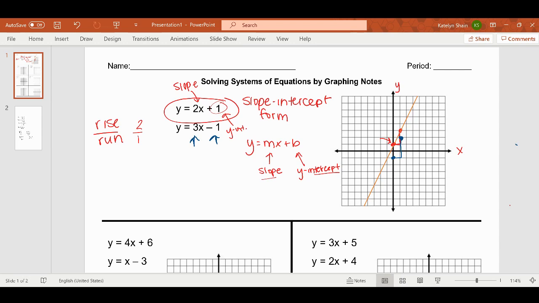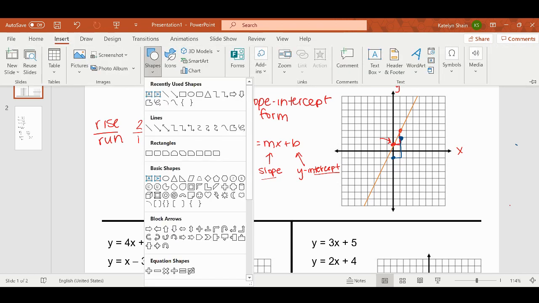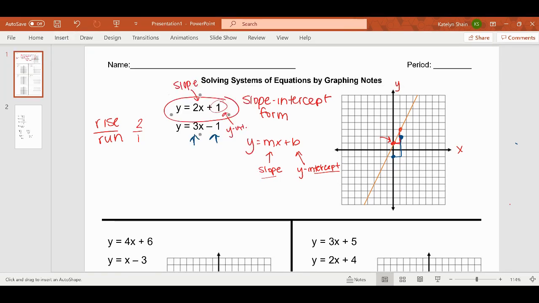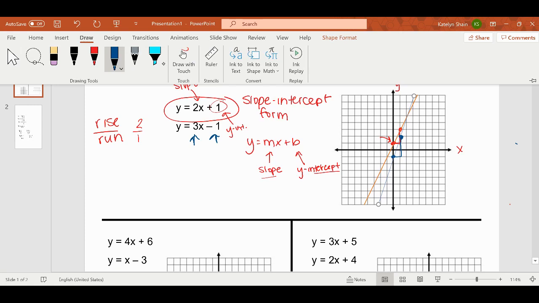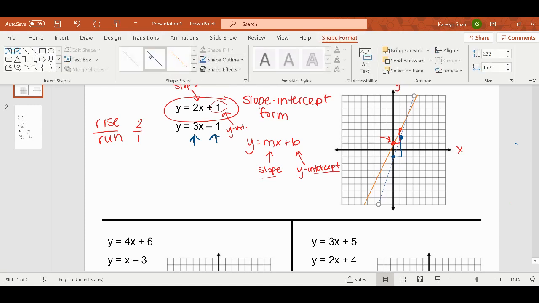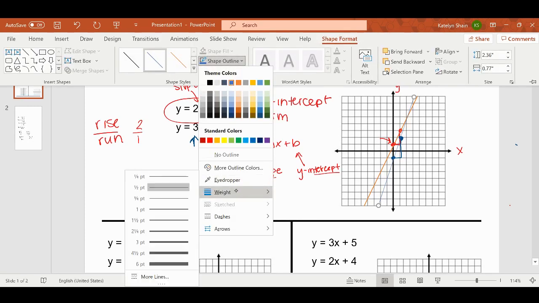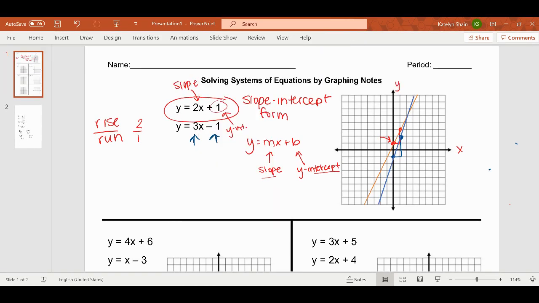Now I can go ahead and create a line. Let's make that blue and bigger. So there are my two lines.